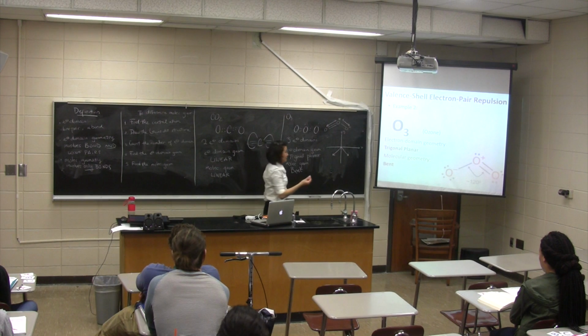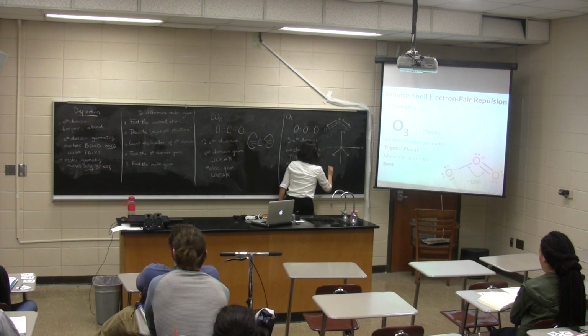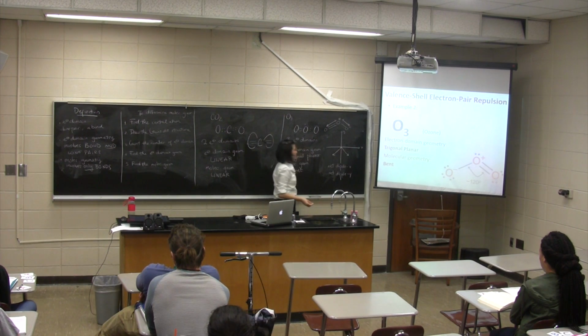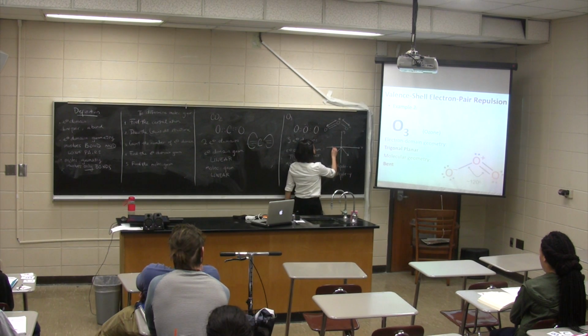Okay? So now, this molecule will have dipole along two directions. And to determine the polarity, you need to know the net dipole along each direction. So we're going to project this dipole onto the x-axis and that dipole onto the y-axis.